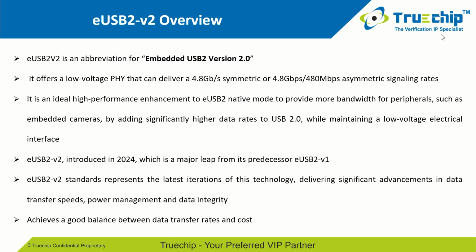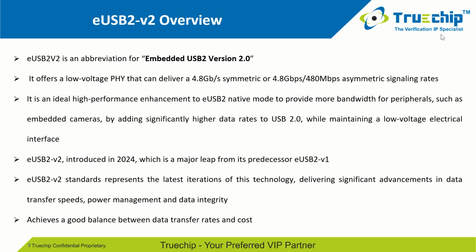It is an ideal high-performance enhancement to eUSB2 native mode to provide more bandwidth for peripherals such as embedded cameras by adding significantly higher data rates to USB 2.0 while maintaining a low-voltage electrical interface.